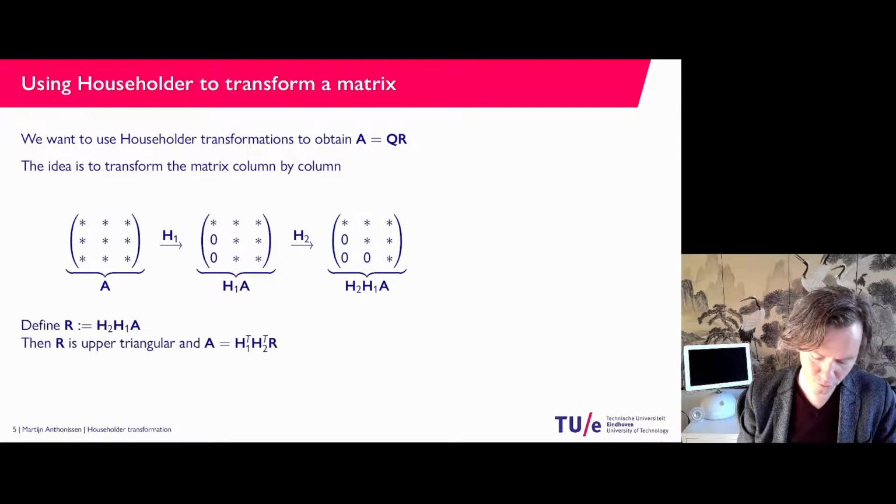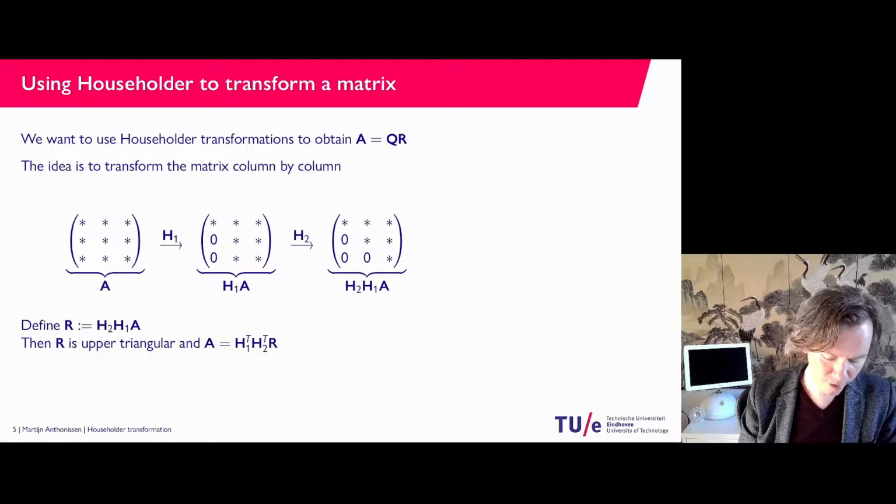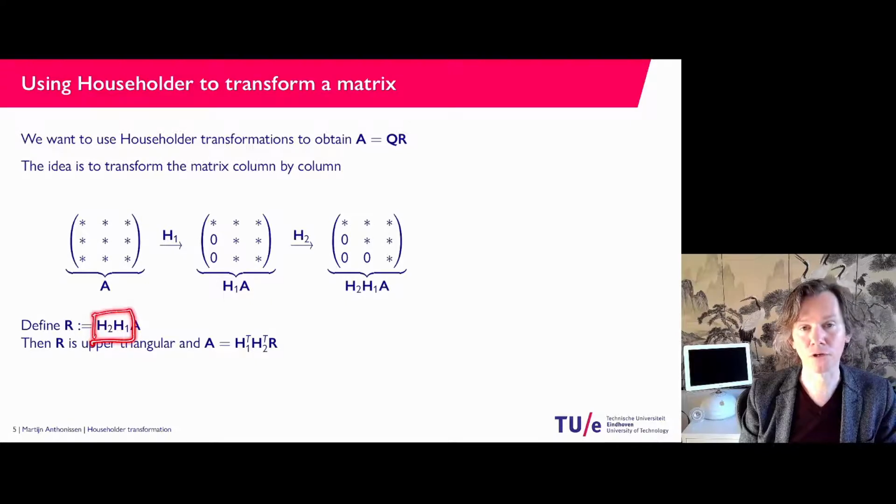So if you call what we are left with here capital R, then you have an upper triangular matrix. You have found it by using H2 and H1. Now the inverses of these individual matrices are H2 transpose, and H2 is symmetric, so H2 itself, and H1 transpose.